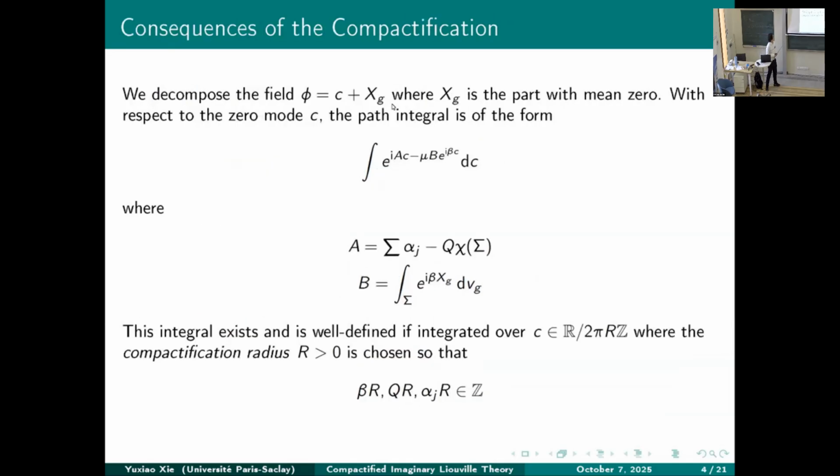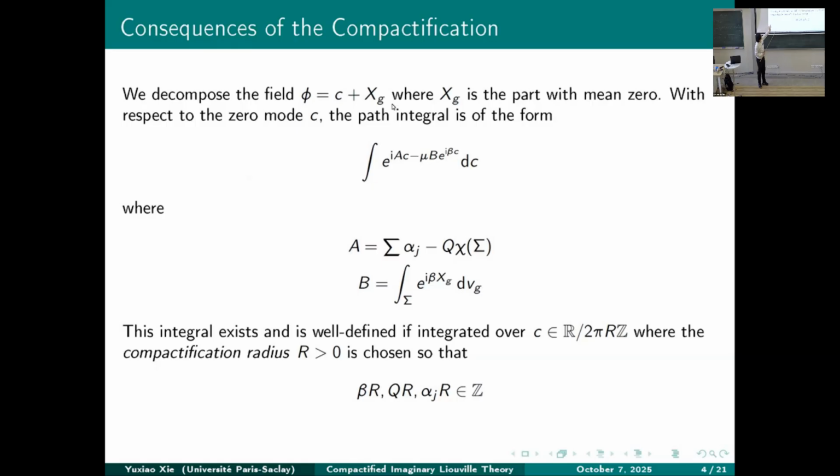So why do we do the compactification? So this actually comes from a simple calculation. So normally to do a path integral like that, you would decompose your field into 2 parts. You have the constant part, which we call the zero mode c. And then you have another part, which is a part with average 0. So we have probabilistic tools to deal with the mean zero part.